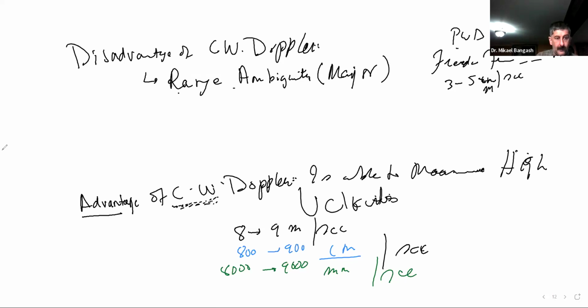Now let's correlate that. The disadvantage of your continuous wave Doppler was range ambiguity, which we didn't have in a pulse wave Doppler.